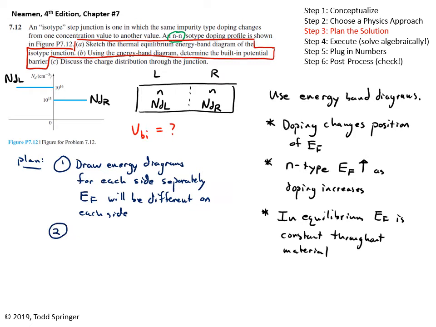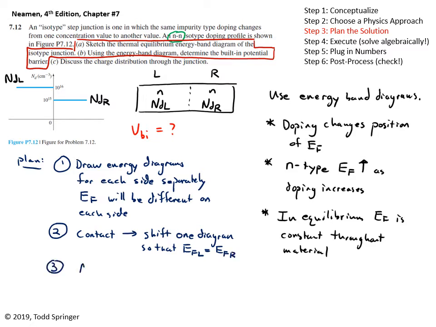Then when you put them in contact, we're going to shift one of these sets of diagrams so that EF on the left side equals EF on the right side.